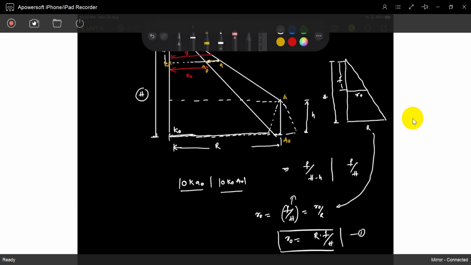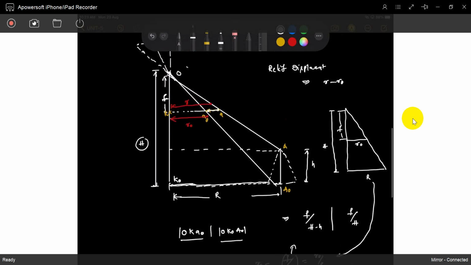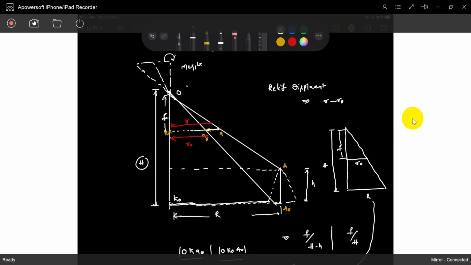That's the one thing. Same way, you can write down the similar triangles on O k. You can find out this triangle. Now try to find out this triangle.